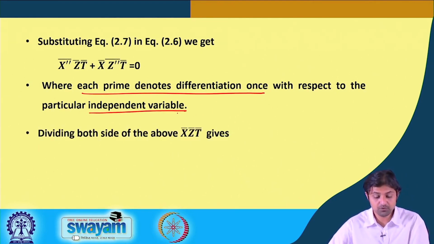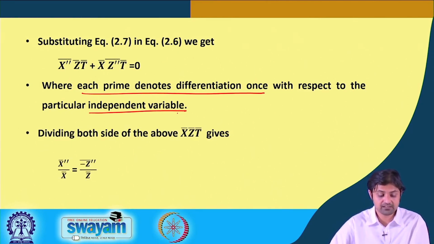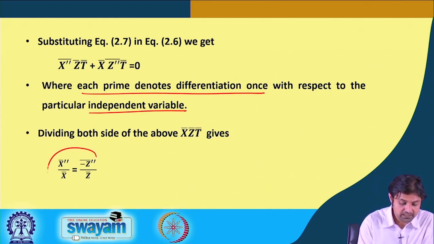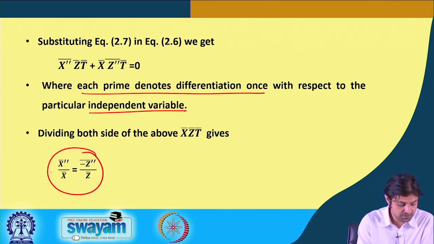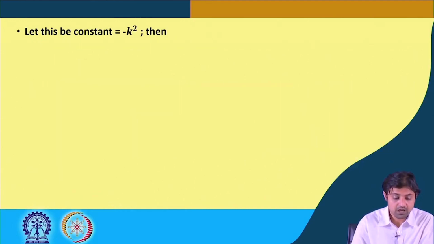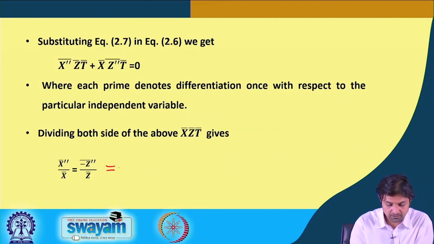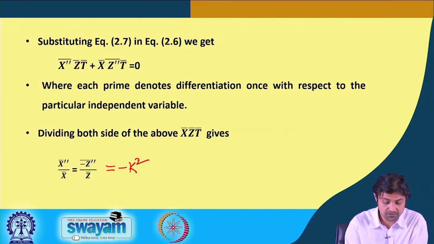Now, if we divide both sides by X bar, Z bar and T bar, we get X double prime bar by X bar is equal to minus Z double prime bar by Z bar. This is the equation that we get. Now, let us say this is a constant, minus k square.